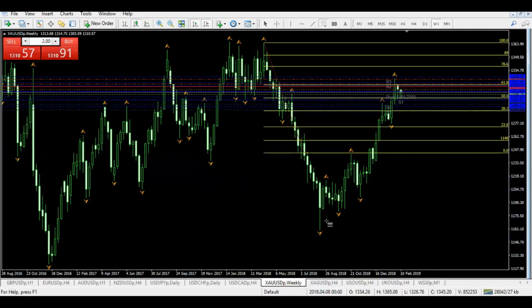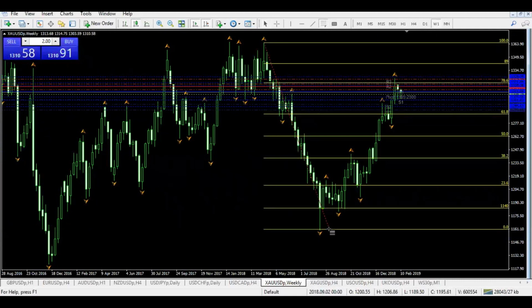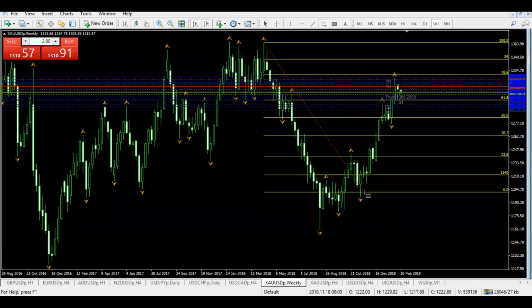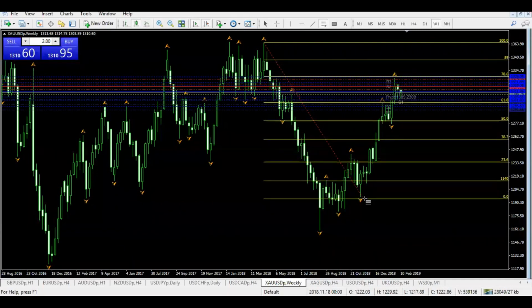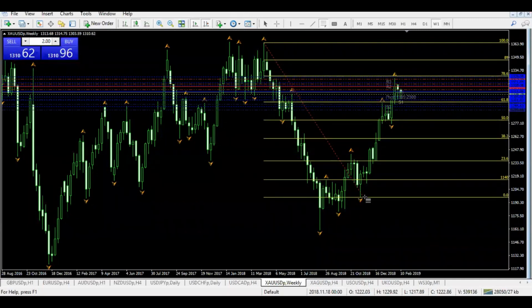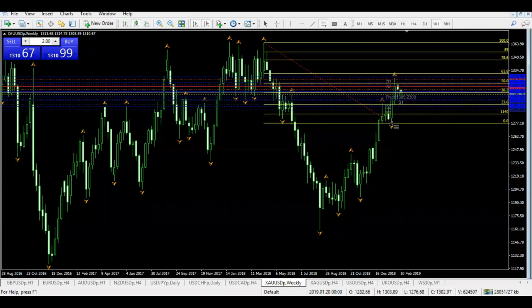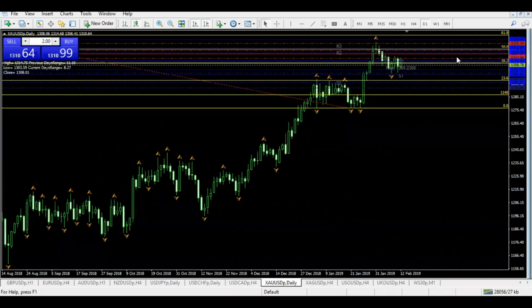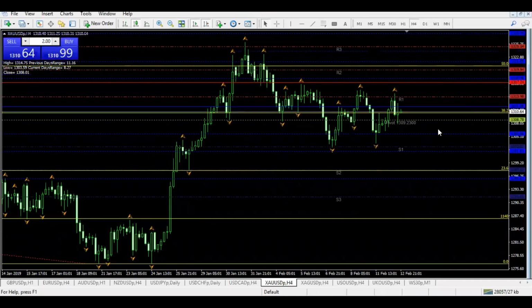In the gold chart, this to this. My 61 got broken. The last one was this. And it is pulled back from 78. And what was the last one? Was this. Right? I put my time frame lower so the chart would open.